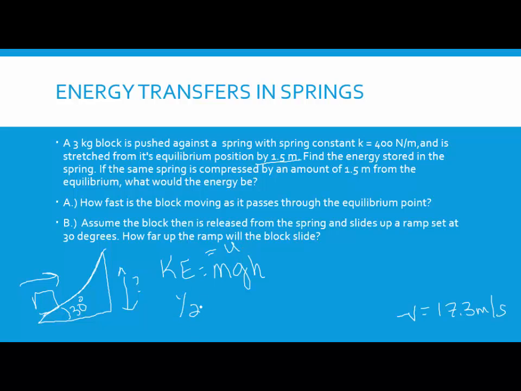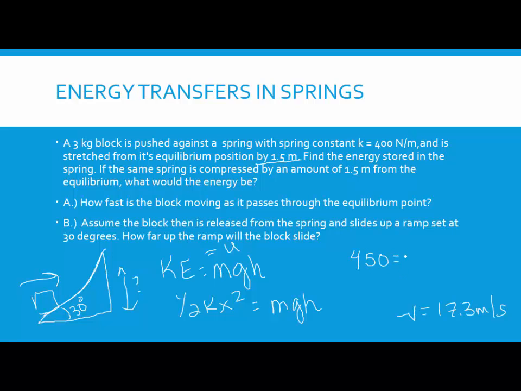So one way we can look at it is to say that all of the potential energy that was in the spring is going to be transferred to the potential energy of the block as it slides up the ramp. So the potential energy of our spring was 450.